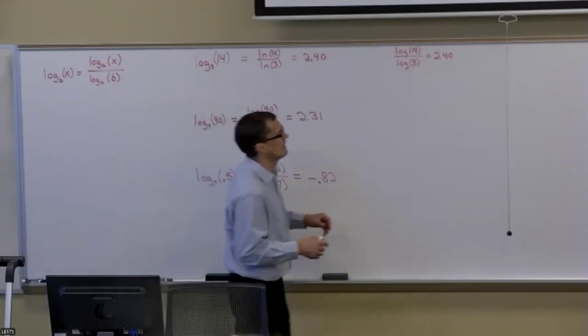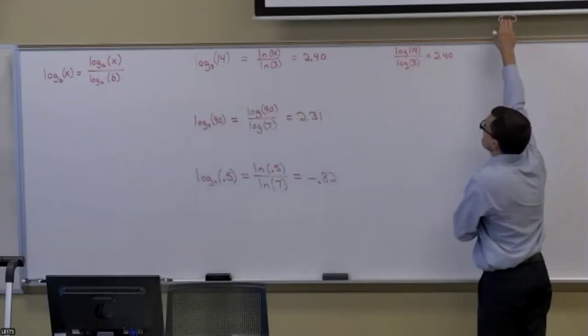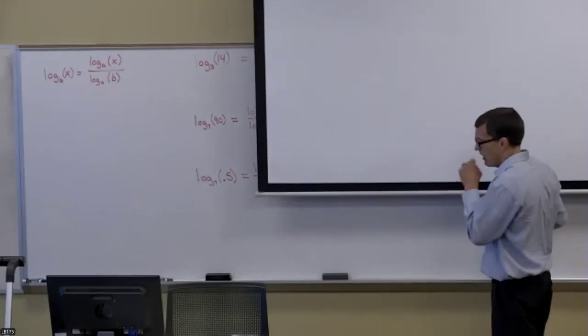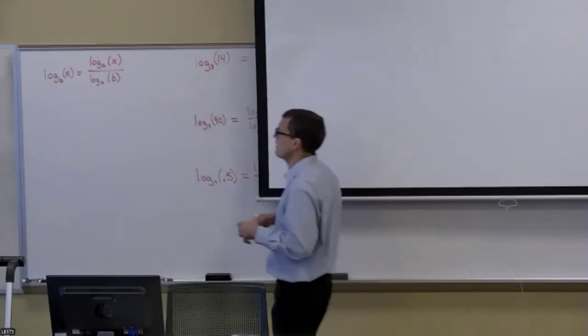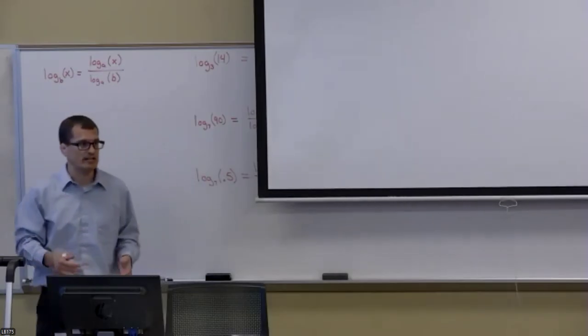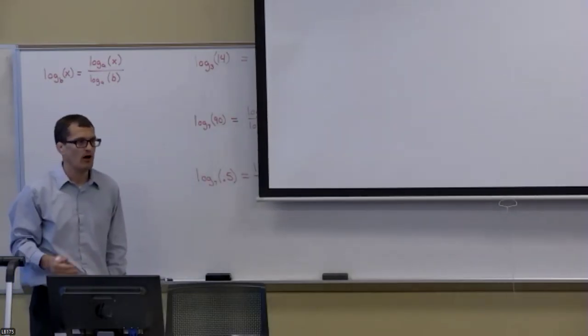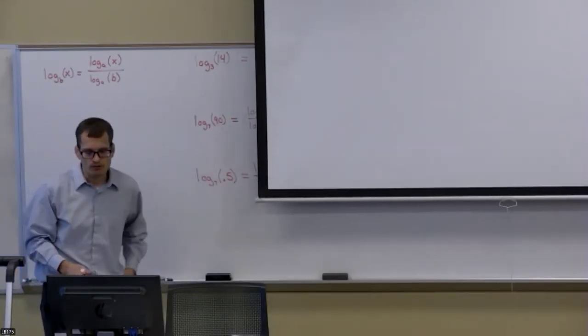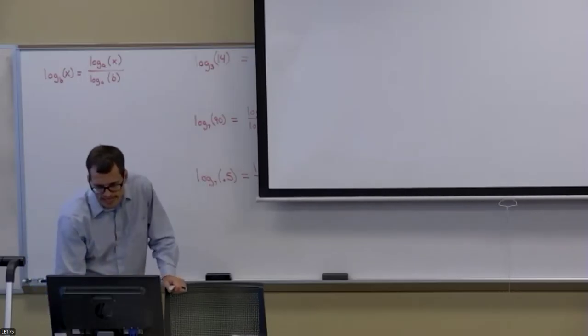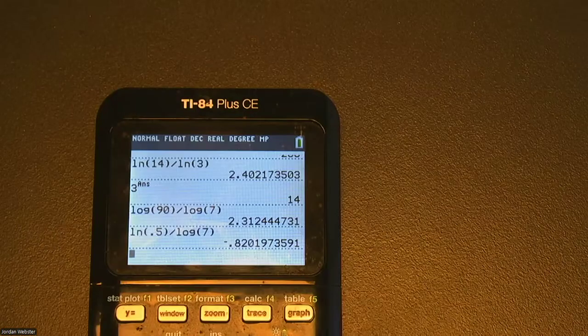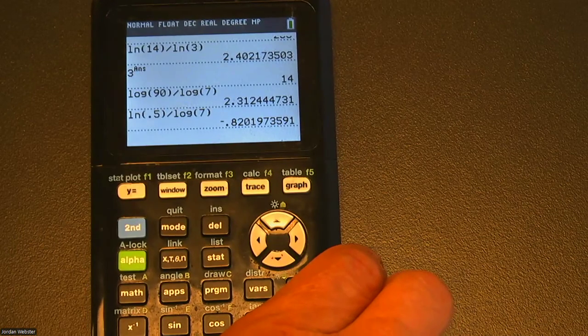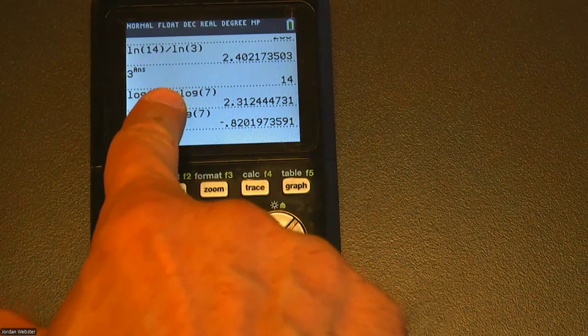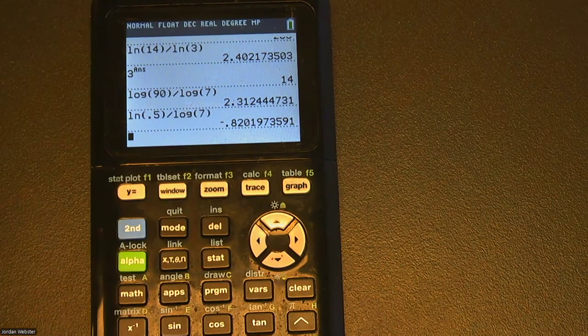Now with a little bit of computing power, our TI-84 has log base 7, log base 3, log base whatever, all built in. So if you wanted to, you could use that feature of the calculator to get these numbers as well.